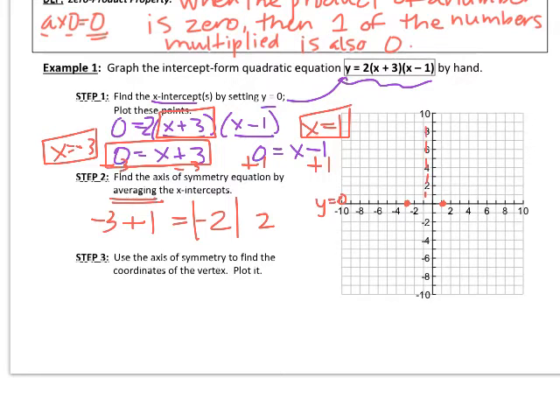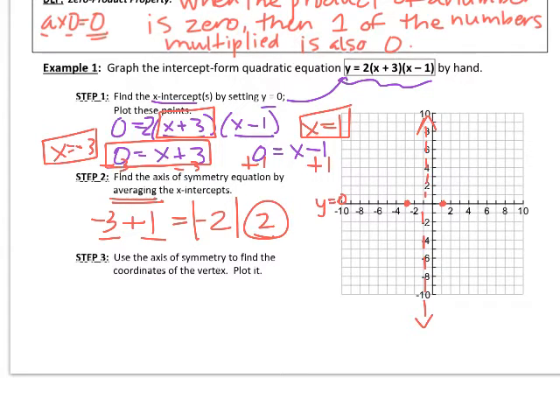I'm putting my axis of symmetry there because that's halfway between the two points where the graph hits the x-axis. So halfway between negative 3 and 1 is negative 1, because it's 2 units from each of those places.